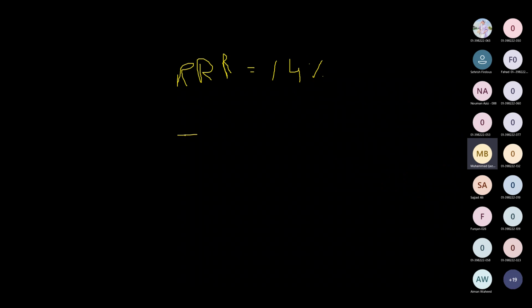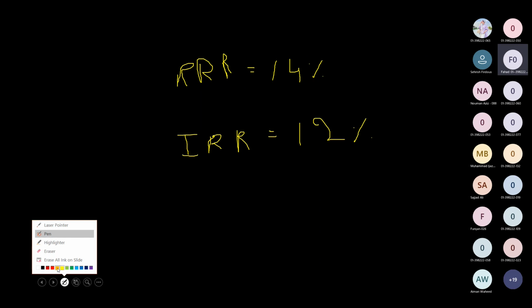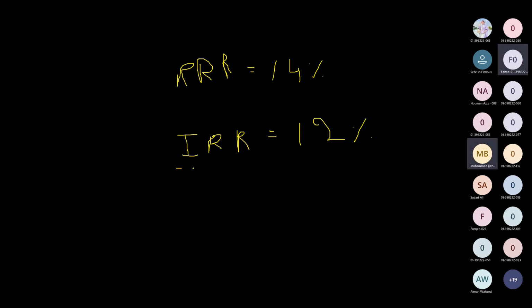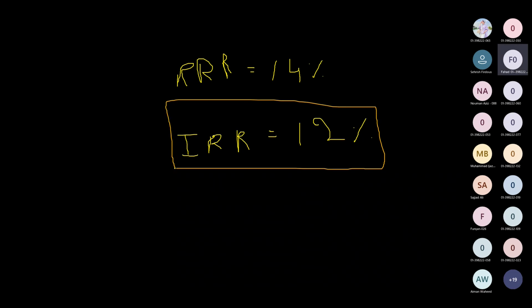I calculate the IRR of one project, and it came to be 12%. What does it mean now? Shall I select this project or reject it? Reject it. Why? Because the required rate is higher and we are getting a lower rate of return.